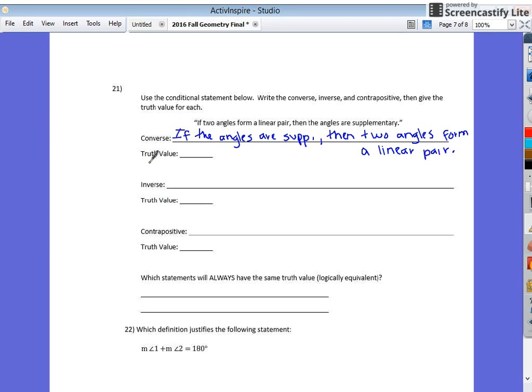The truth value for that is false because two angles that are supplementary do not always have to form a linear pair. They can, but they don't have to.